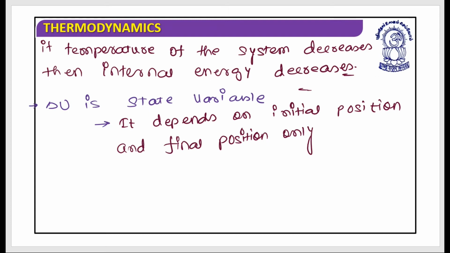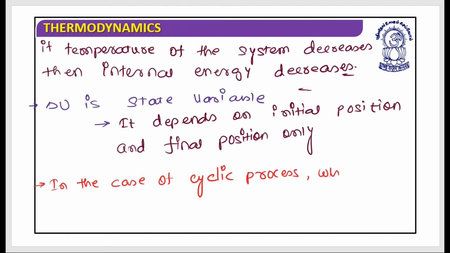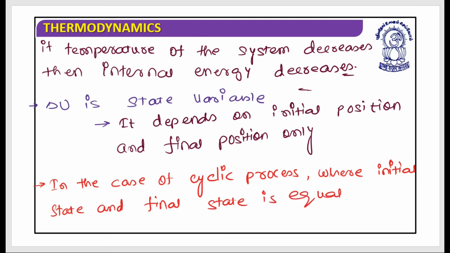So from this we can say that in the case of a cyclic process, where the initial state and final state are equal, delta U is 0 because nothing has changed and the internal energy remains the same.